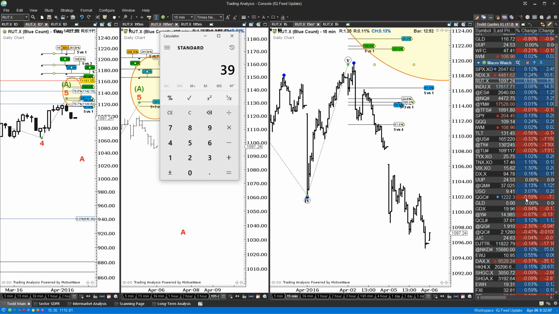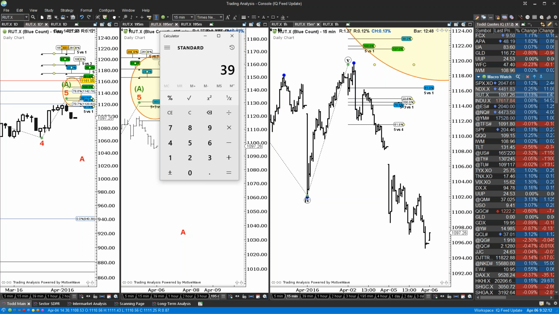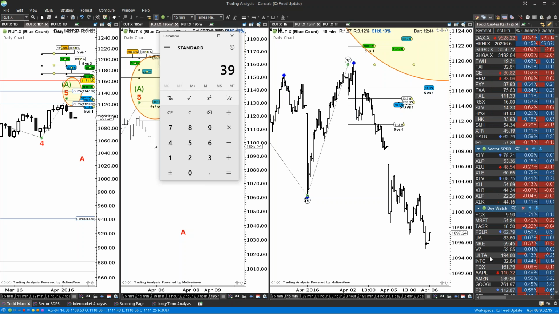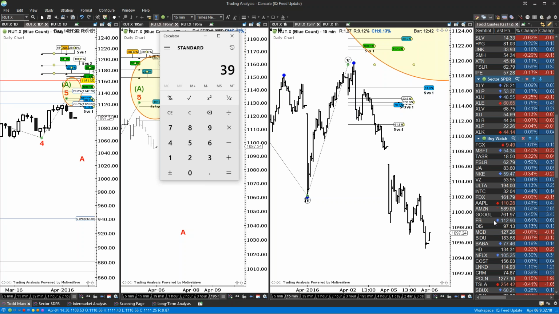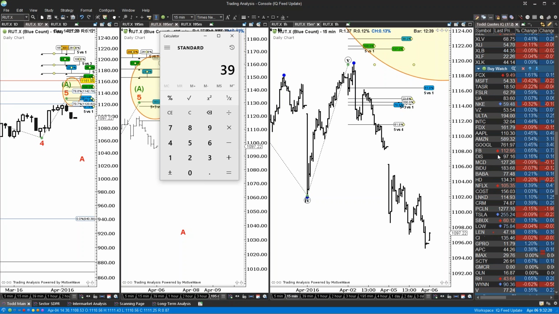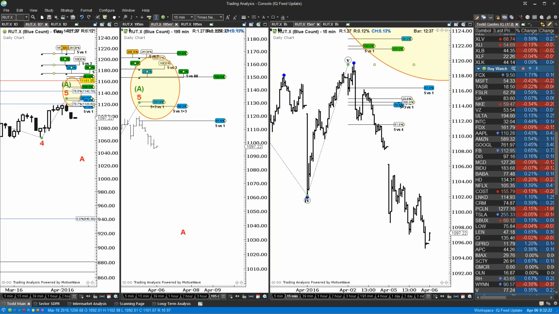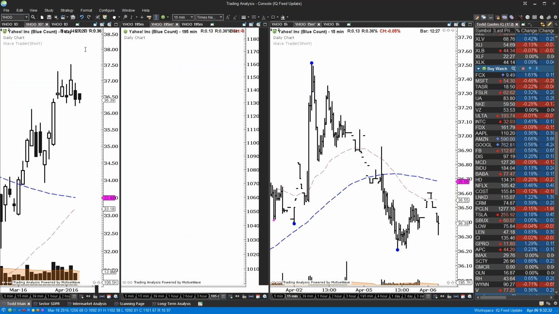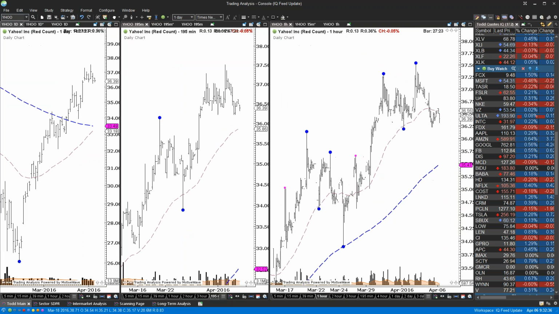Gold's down $7. I think the future is crude. Yeah, we can take a look at Yahoo, sure. Let me see if I can just type him in. Sometimes it works, sometimes it doesn't. I thought I had a wave count in Yahoo, but maybe not.